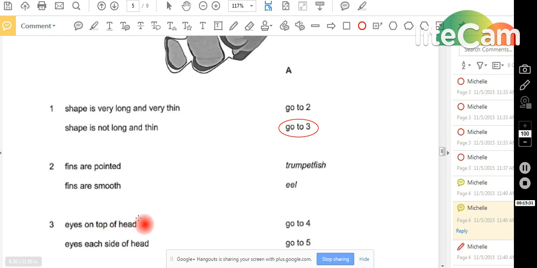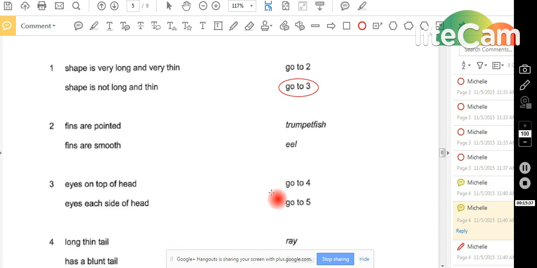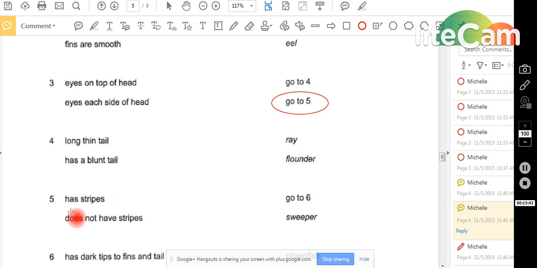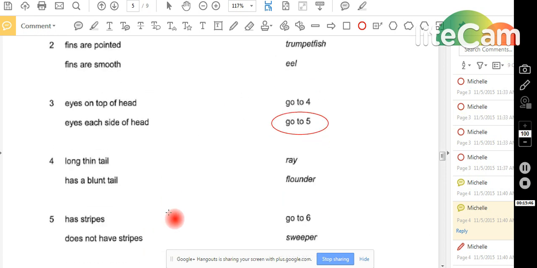The eyes are on top of the head or the eyes on the side of the head? On the side of the head. Okay, so on the side of the head, that means go to number 5. It has stripes or it doesn't have stripes? Has stripes. Okay, so that tells us to go to number 6.